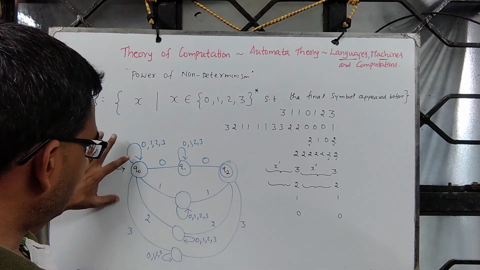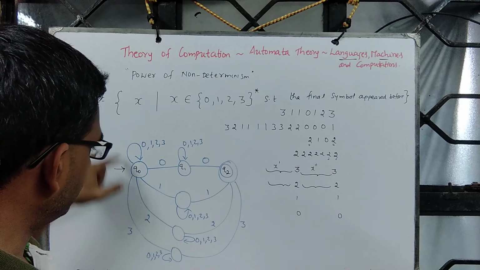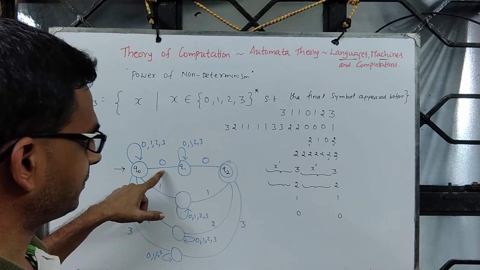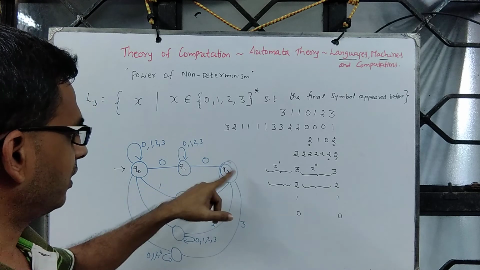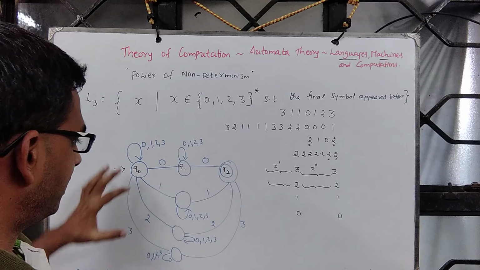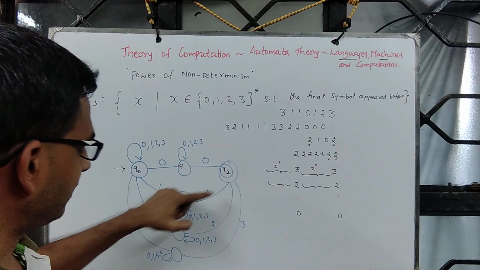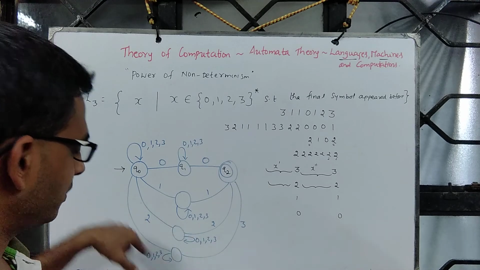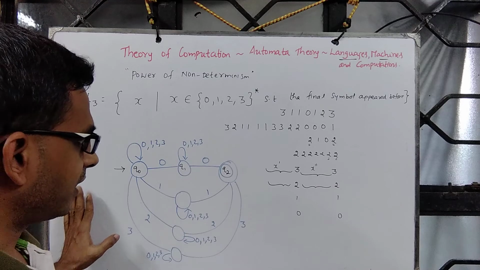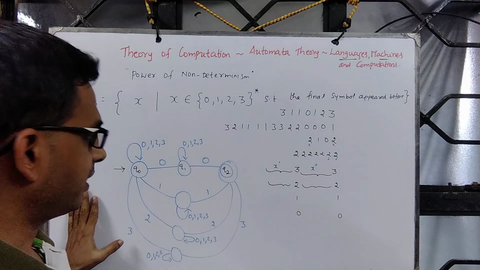And some amount of non-determinism is exploited because the machine is guessing, should I stay here, or assuming this is the 0 that is part of the pattern, should I move along this direction? Correct? On the similar line, should I stay here and take this path for 1 1 or 2 2 or 3 3? So this is another case study where non-determinism is helping us in designing an automaton.